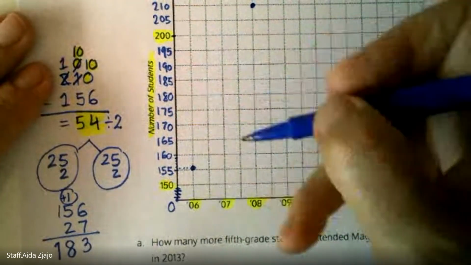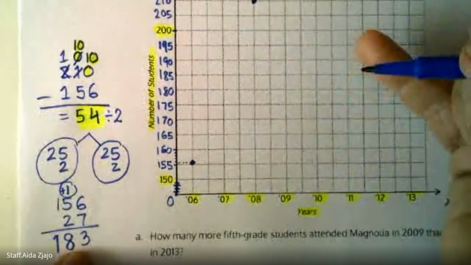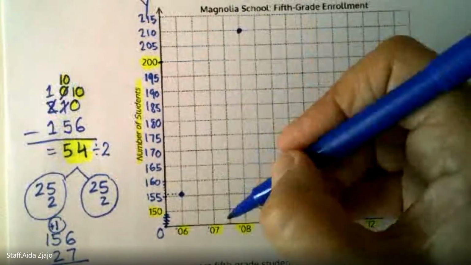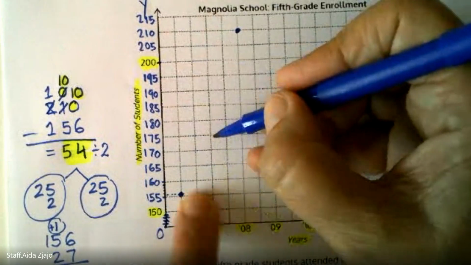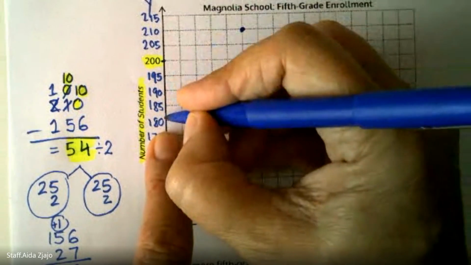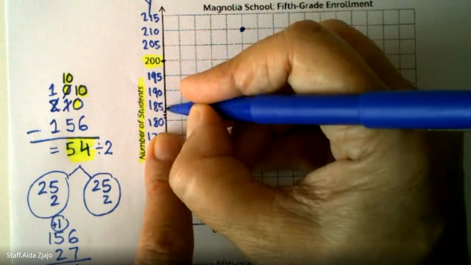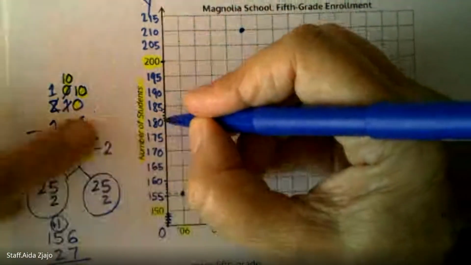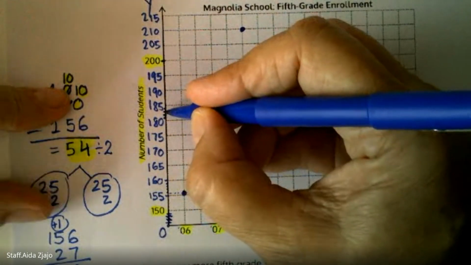So let's go and find where 183 is. So 2007, 180. Now if I make increments, I need 4 lines: 1, 2, 3, 4. That means 181, 182, 183.